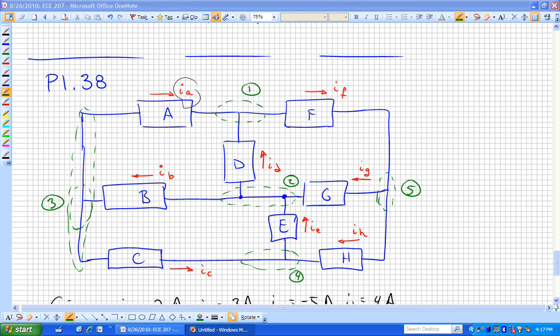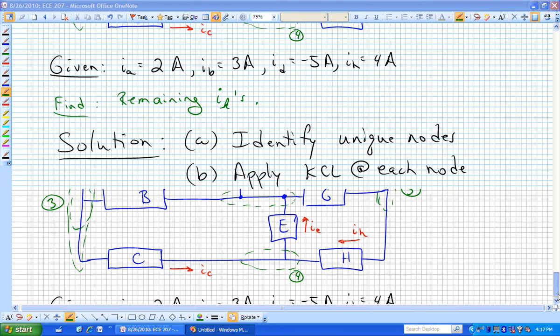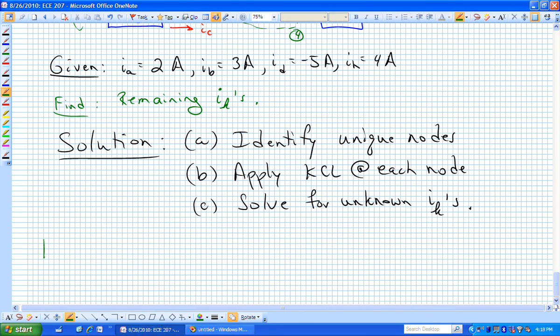In this case, if we say the sum of the currents going into the node has to equal 0, I sub A and I sub D are both going in, I sub F is going out. That will be a minus sign on I sub F, but I sub A and I sub D are both going to be positive. So KCL at node 1 says that we have I sub A plus I sub D minus I sub F is equal to 0.